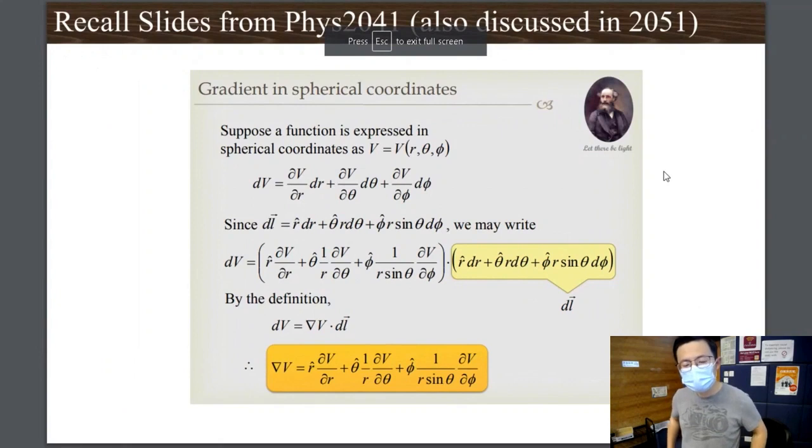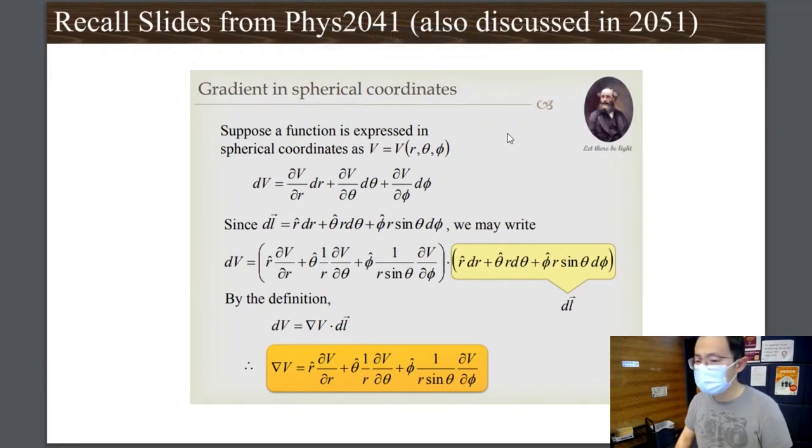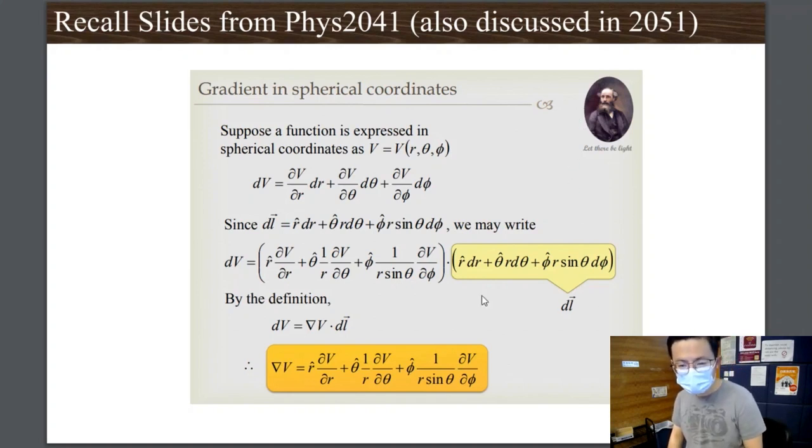Okay, so I'm not sure if you still remember this slide from 2041, and here this slide simply discusses how this gradient operator has been obtained. Really, it starts from the same thing, right?